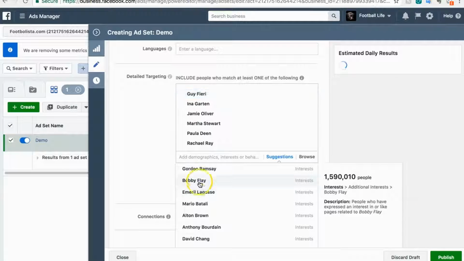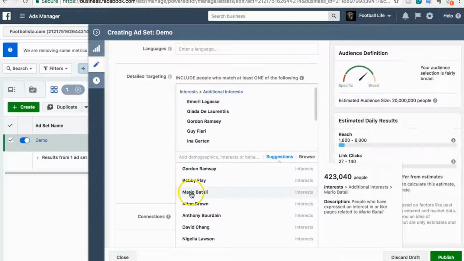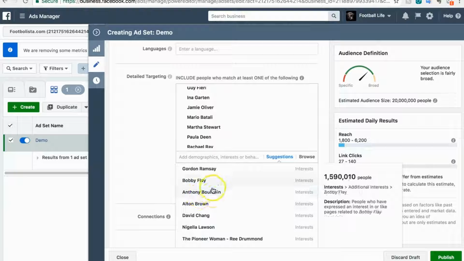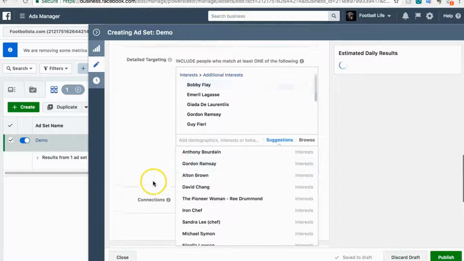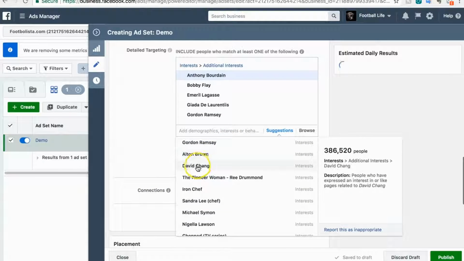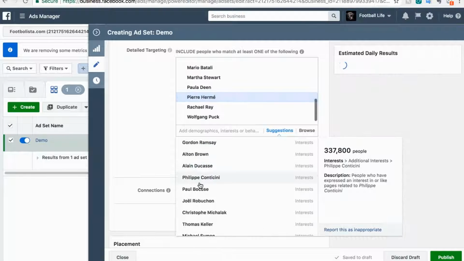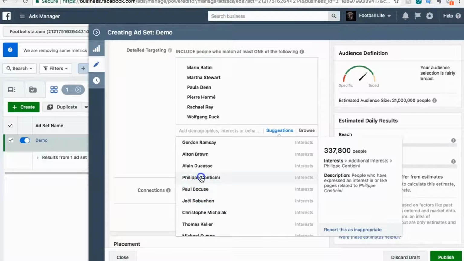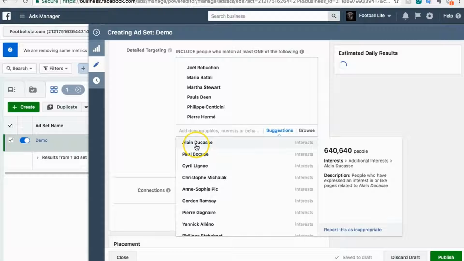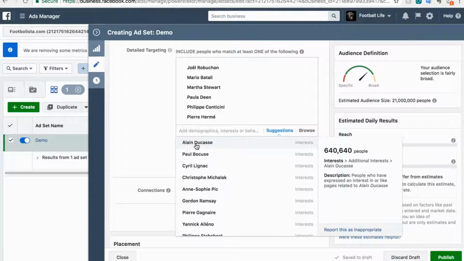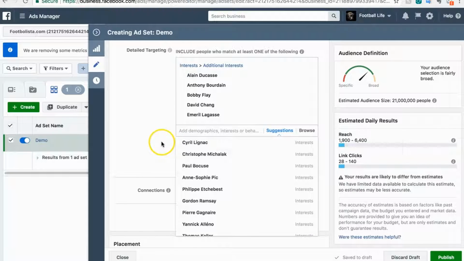Guy Fieri, Emeril, Mario Batali. I know he is one, I know he is one. David Chang, Pierre Hermé, Philippe, yeah. Joël, he is one. Alain Ducasse, he is a famous one.